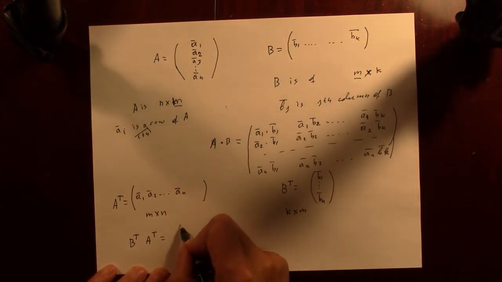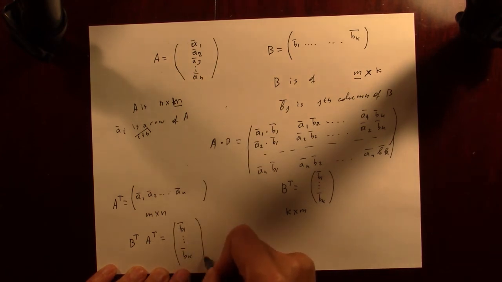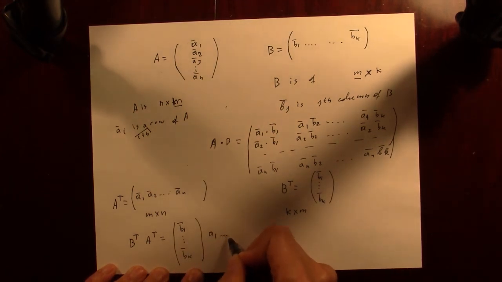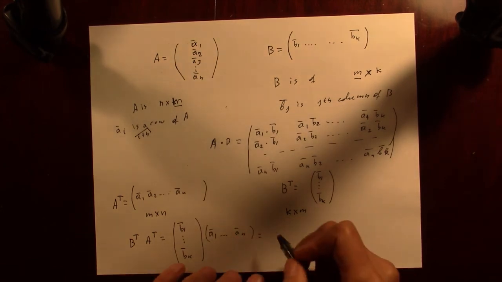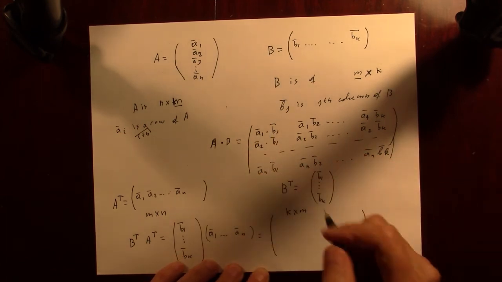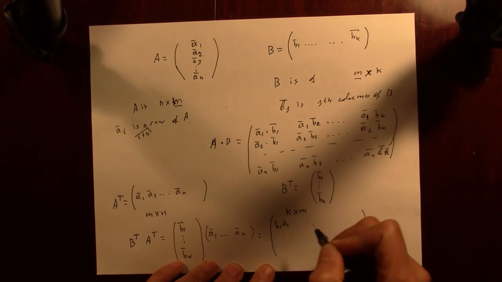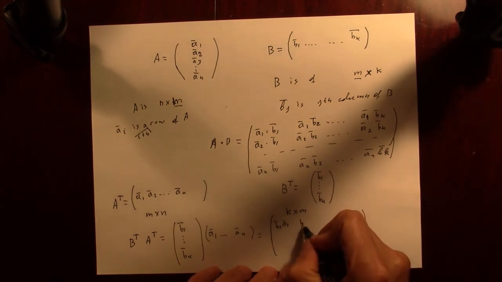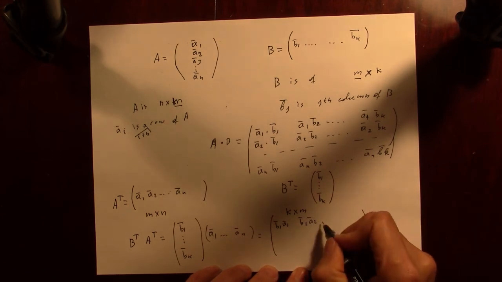So we're going to take B1 through BK, and we're going to multiply it by A1 through An, and we're going to get something similar to what we get here. So we're going to get B1 times A1, next one is going to be B1 times A2, and so on.